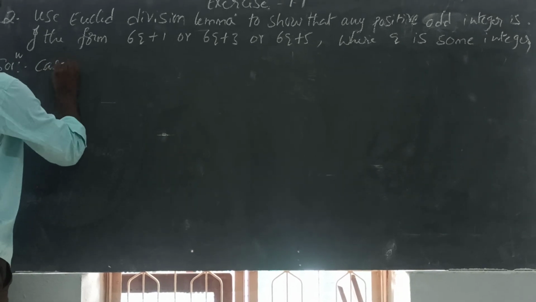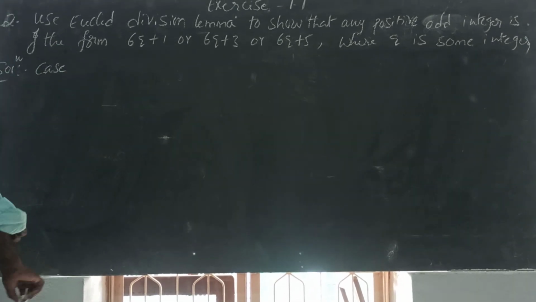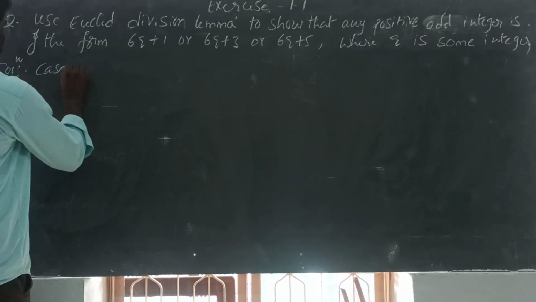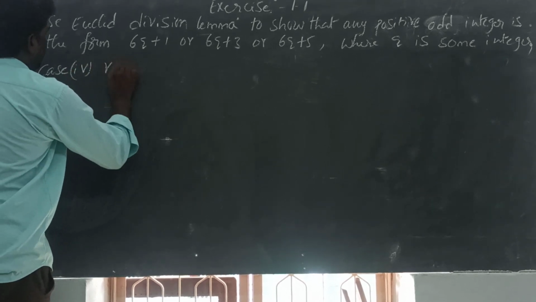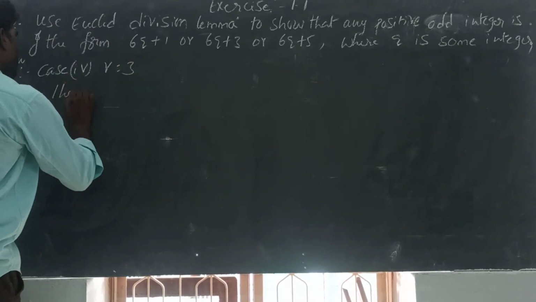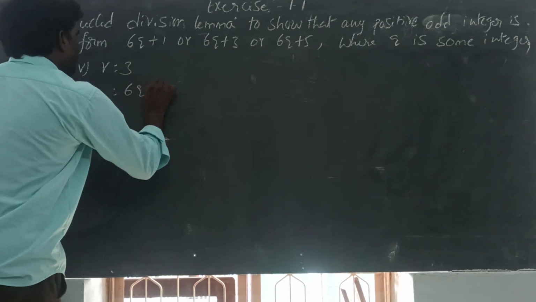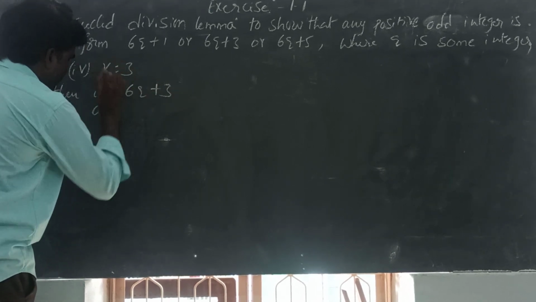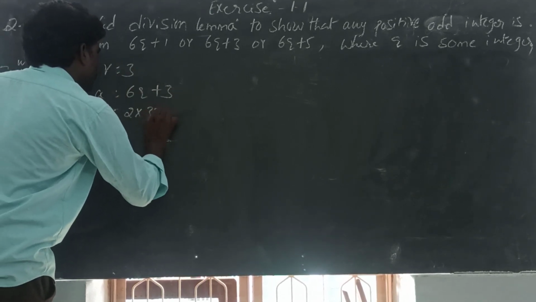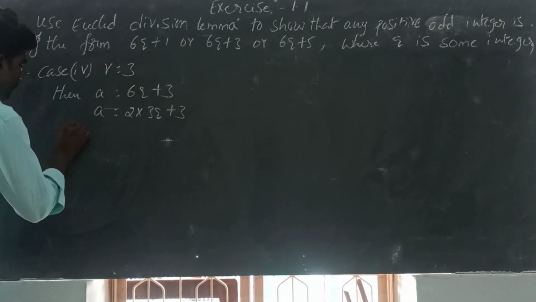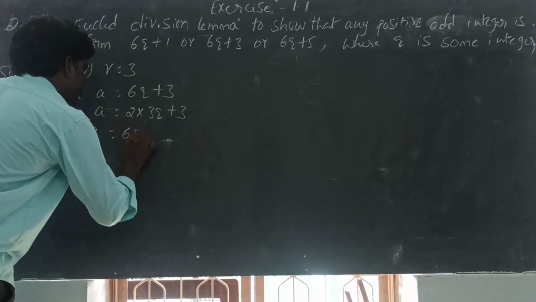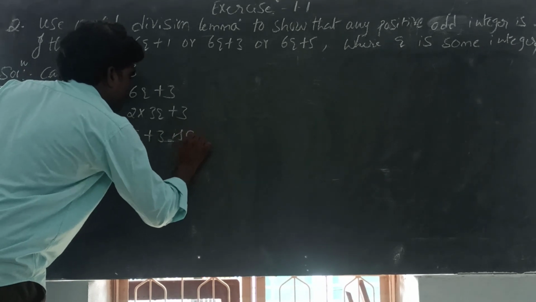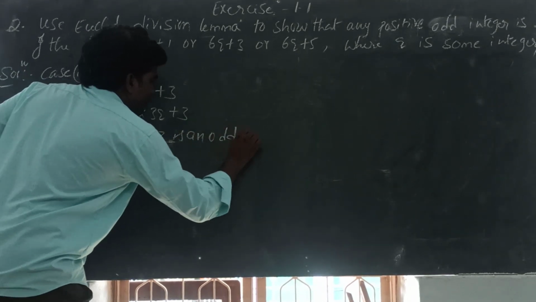Case 4: r is equal to 3. Then a is equal to 6q plus 3, that is 2 into 3q plus 3. Therefore a is equal to 6q plus 3 is an odd integer.